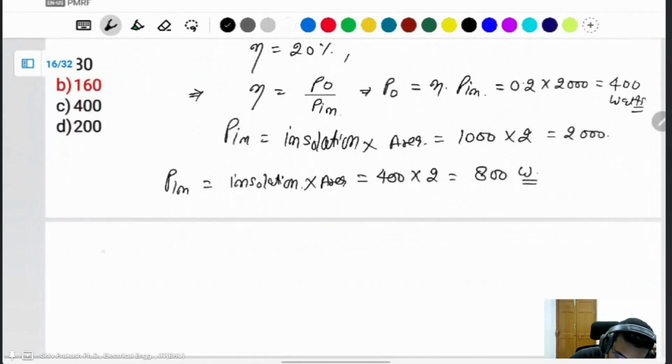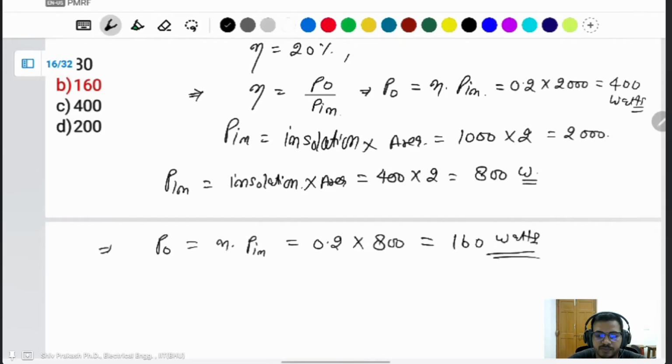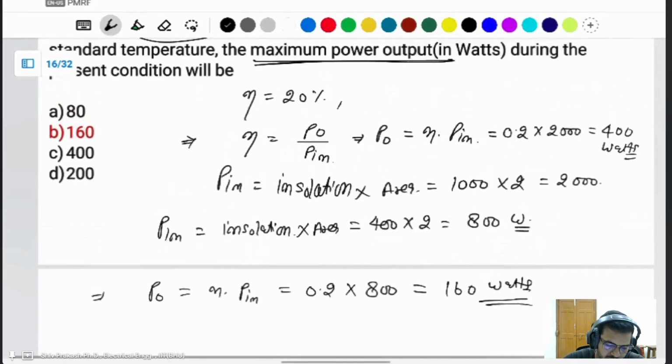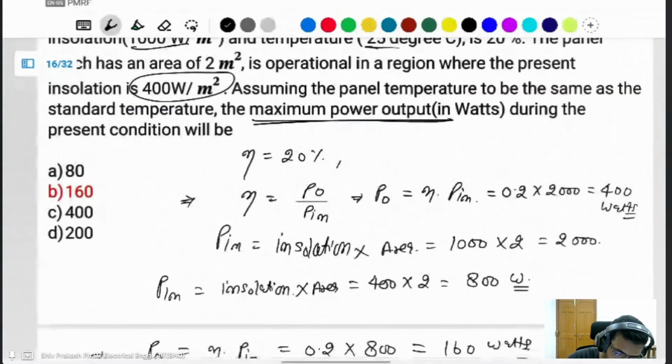Then what is the output power? Same thing: efficiency into input power. Efficiency is 20% into 800, so it will be 160 watt.